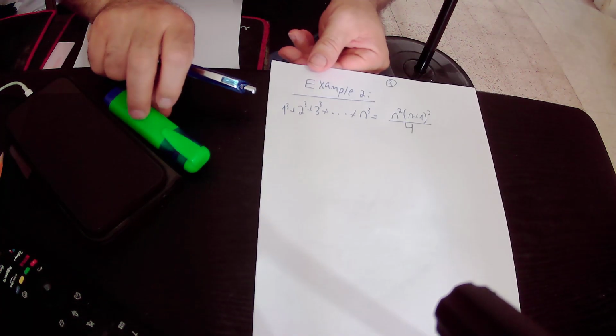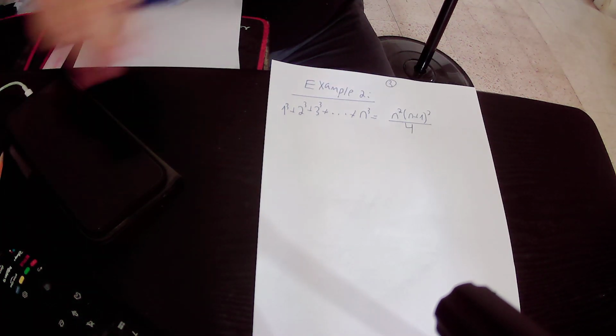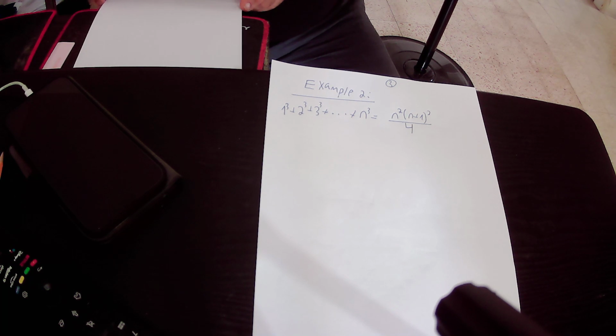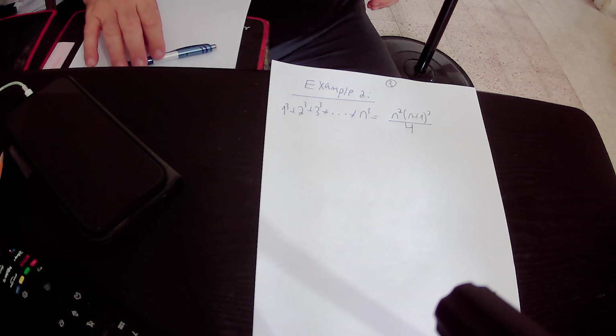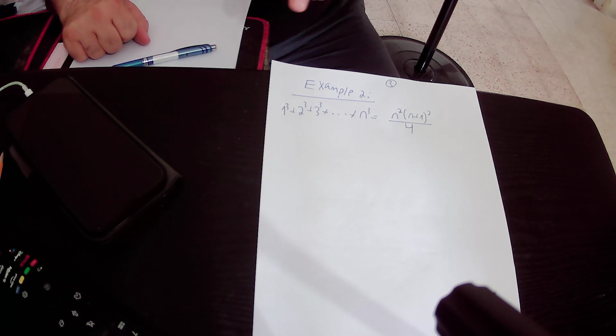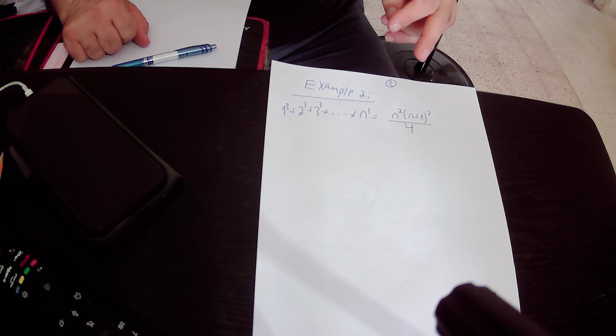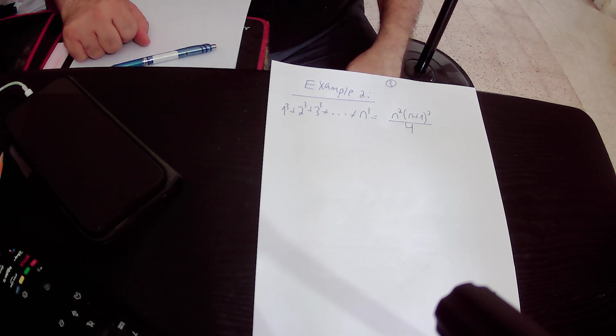So this is the second example. We have to prove for all natural numbers that 1 to the power of 3 plus 2 to the power of 3 plus 3 to the power of 3 plus ... plus n to the power of 3 equals n squared times n plus 1 squared divided by 4.